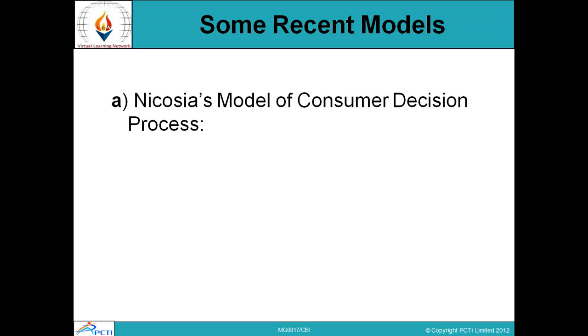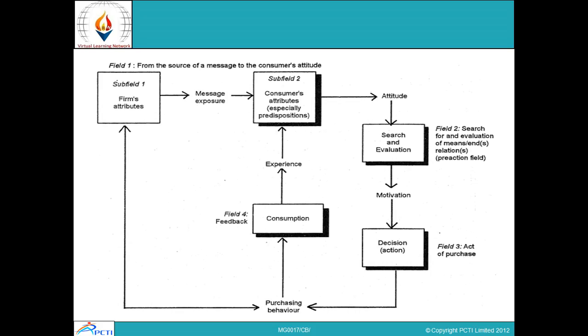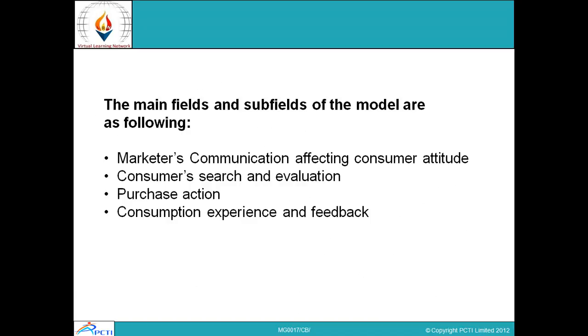For example, let me explain with the help of this diagram. Here in this diagram, you can see the main fields of this model. In the first part, it talks about marketers' communication affecting consumer attitude. That means, as a consumer, how is his attitude?